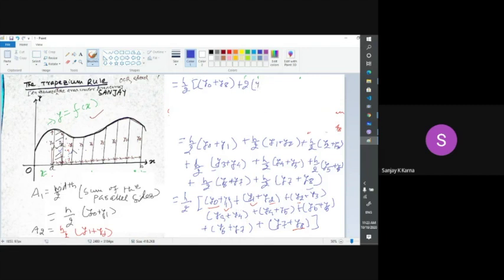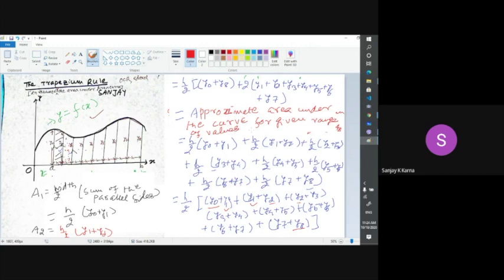So this is y1 plus y2 plus y3 plus y4 plus y5 plus y6 plus y7, and it will be the approximate area under the curve for the given range of values of x.